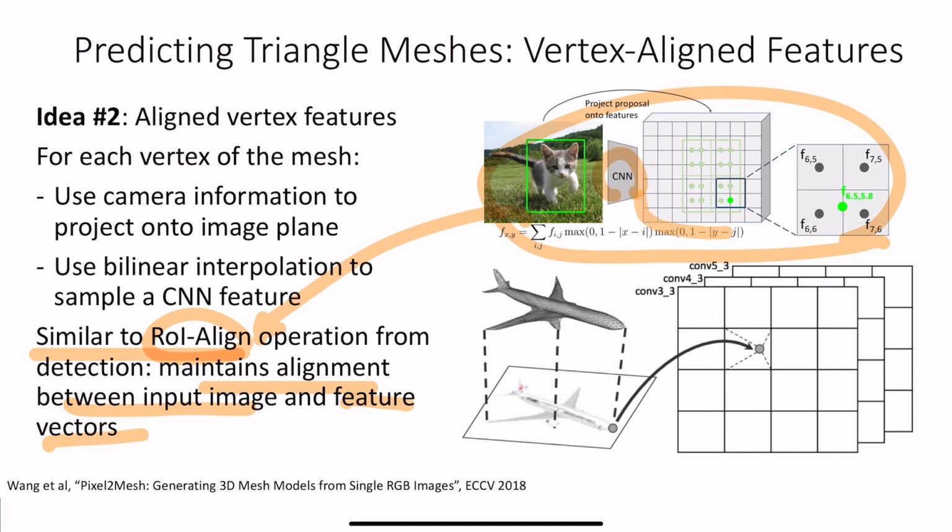We first extract the CNN feature vector from the input image and just use bilinear interpolation of the feature vector, for example for segmentation or instance segmentation. Similar to this one in Pixel2Mesh, we just use the interpolated feature vector to determine the 3D feature vector at each vertex. So that's called the vertex-aligned feature map.